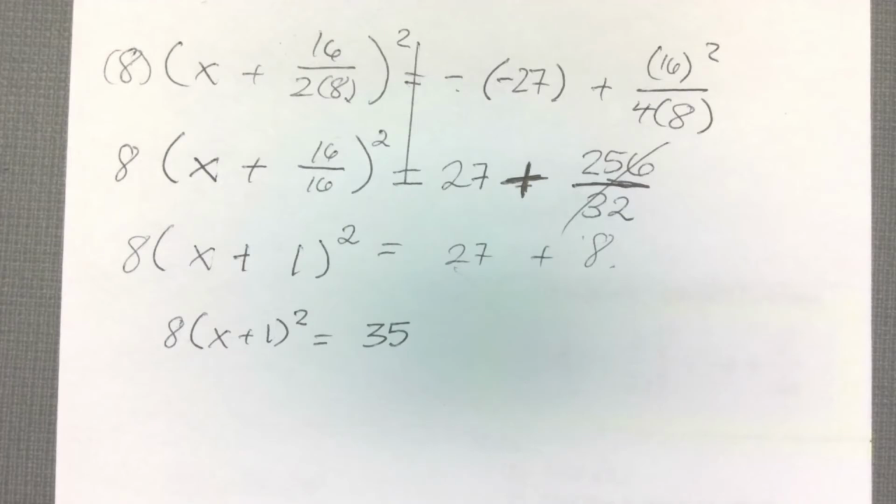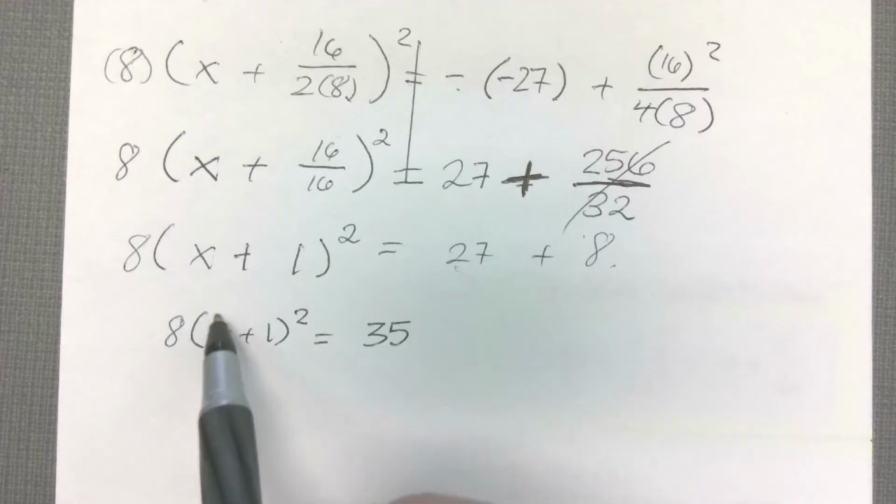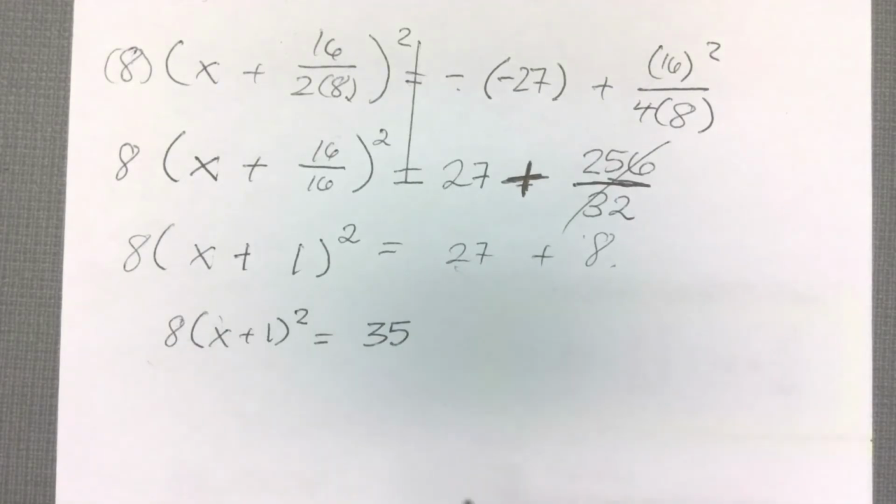Okay. So far, has anything been really hard? Just a lot of steps? Okay. How do I get rid of that 8? Add, subtract, multiply, or divide? What's it doing right now? It's multiplying. What's the opposite of multiplying? Right.